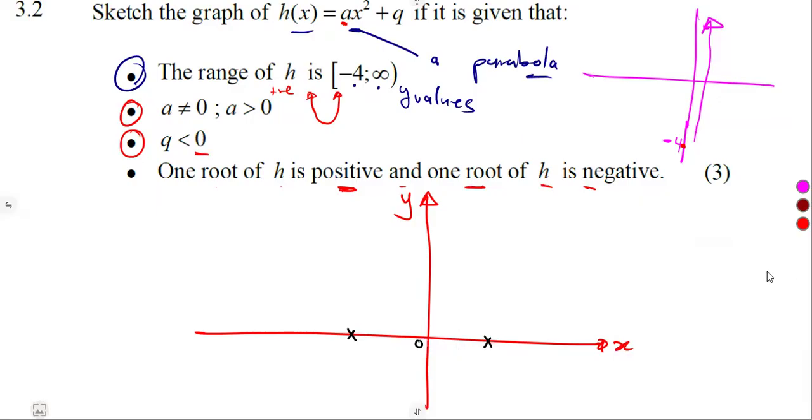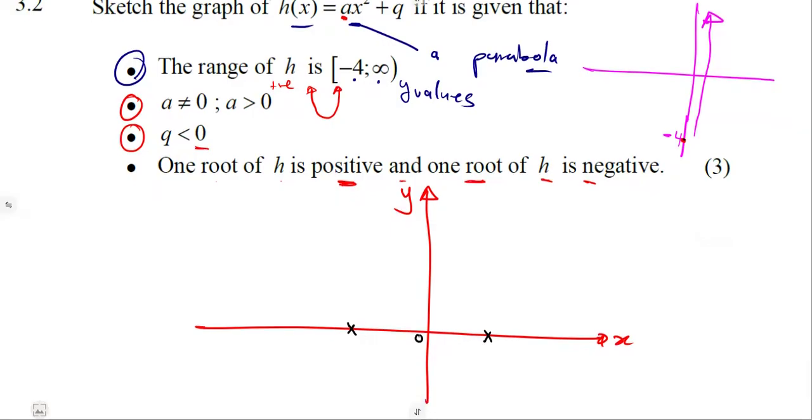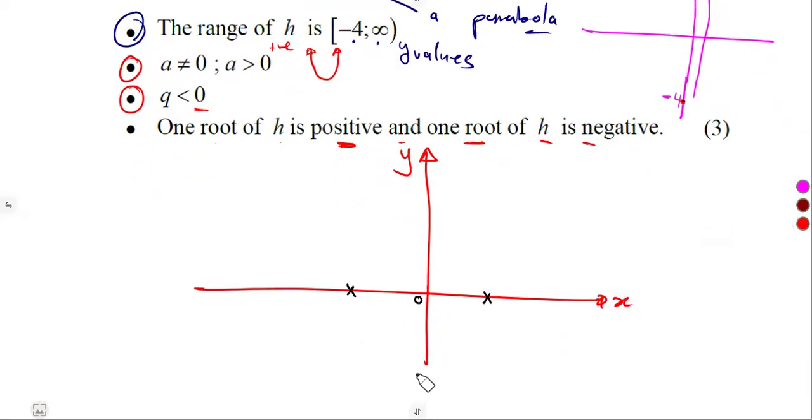But remember, we are told the range is -4 up to positive infinity, meaning our graph is limited downwards at -4. But it must have a smiley shape, a cup shape like this. So that is a sketch that we can have.